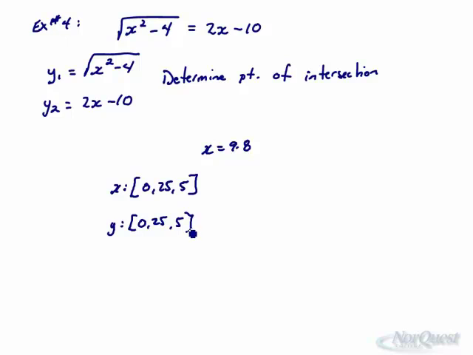Now, while I won't be very picky about your window settings, when you get to a 30 pure class and you want to write a diploma exam, they will not mark the question right unless you provide window settings. So you're allowed to answer questions graphically, but you have to provide the solution, you have to provide how you did it, point of intersection or zeros, and you have to provide window settings so somebody can check your work using your window settings.